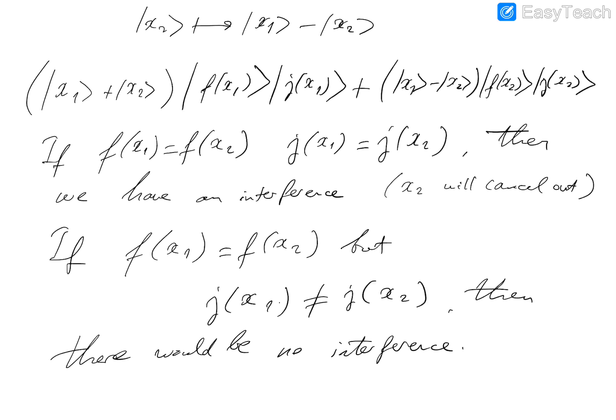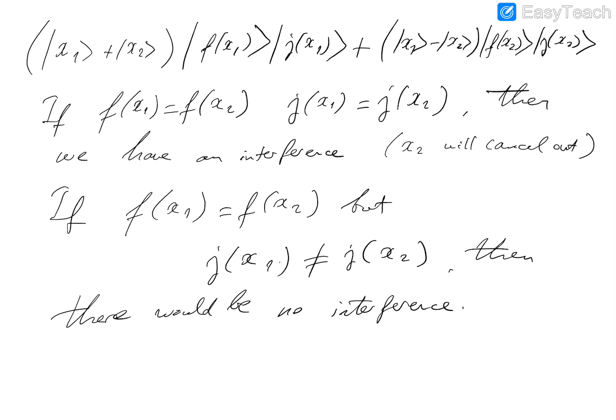But there would be interference if we could get rid of the junk bits. So having extra junk bits makes a difference. That's why we don't want any junk information generated in the output.